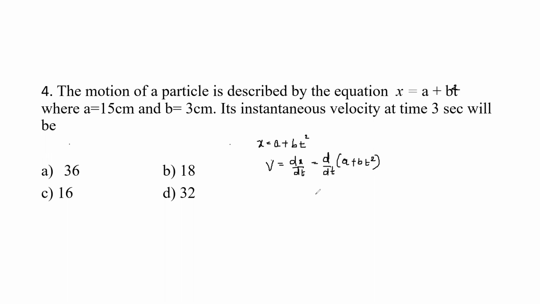Differentiation of a is 0, and bt square becomes 2bt, that is 2b into t. At t is equal to 3 seconds, v is equal to 2 into b, whose value is also 3.